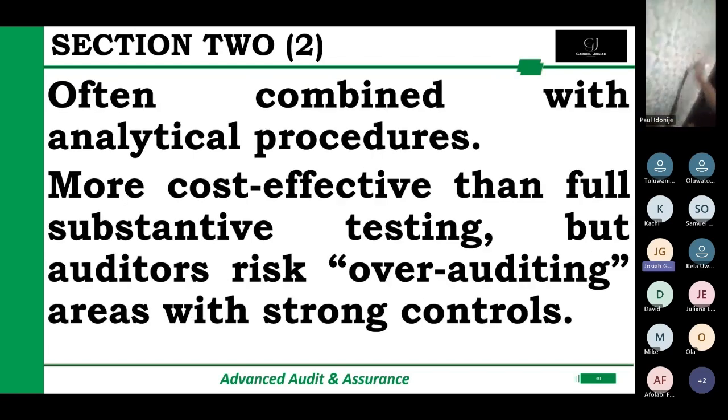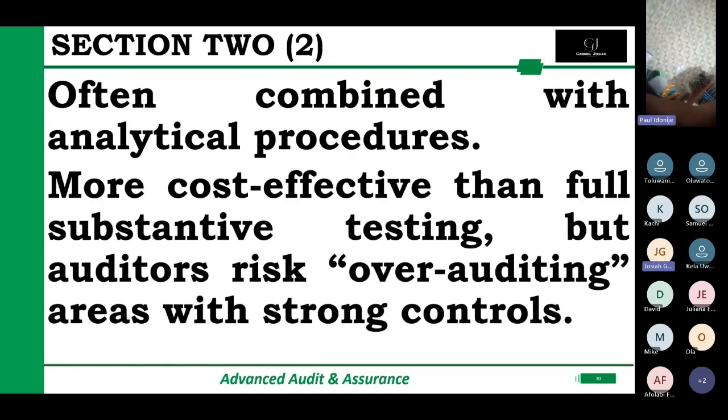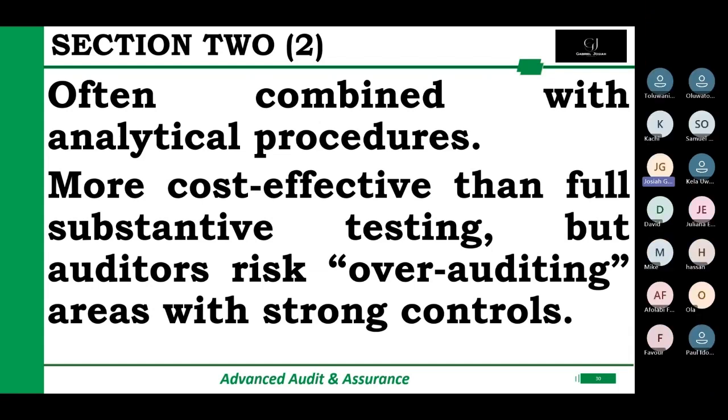Often you combine it with analytical procedures, in the sense that you go into some details to see how some of those postings are done. It's more cost effective than substantive testing because auditors could over audit areas with strong controls. And where you have strong controls, there's no need to overflog the horse in that place.